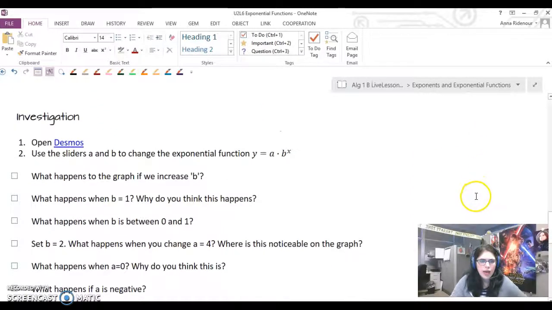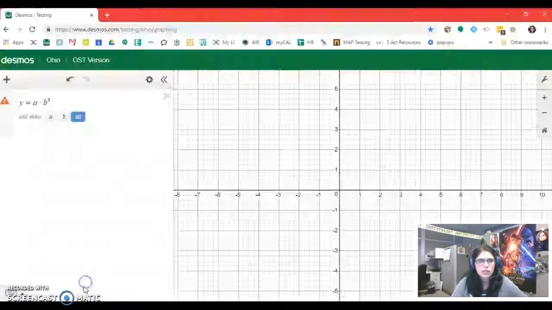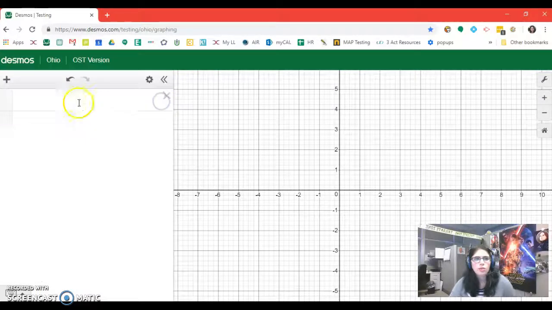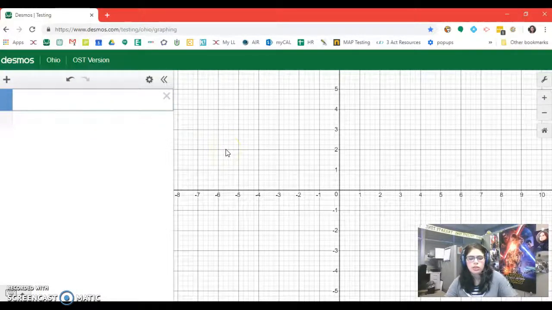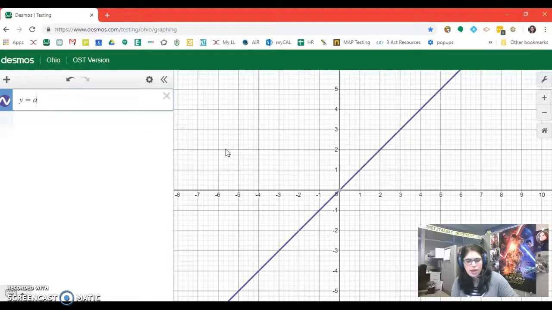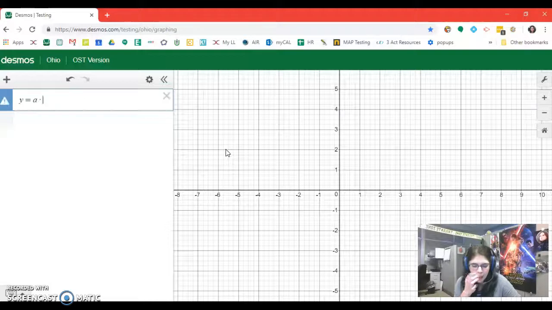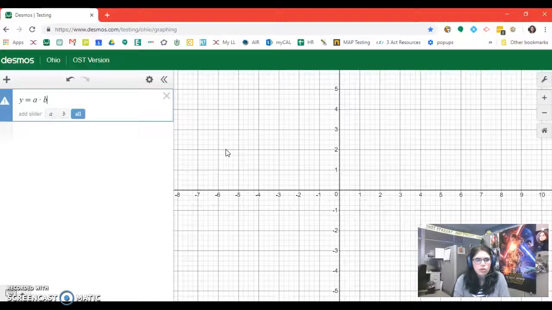So let's take a look at some of the different things that happen when we are looking at exponential functions. I've already typed this in. The way that you can type this in is just type in y is equal to a, and then the multiplication sign is shift and 8. It looks like a little asterisk on your keyboard, and then you need b raised to the power of x.